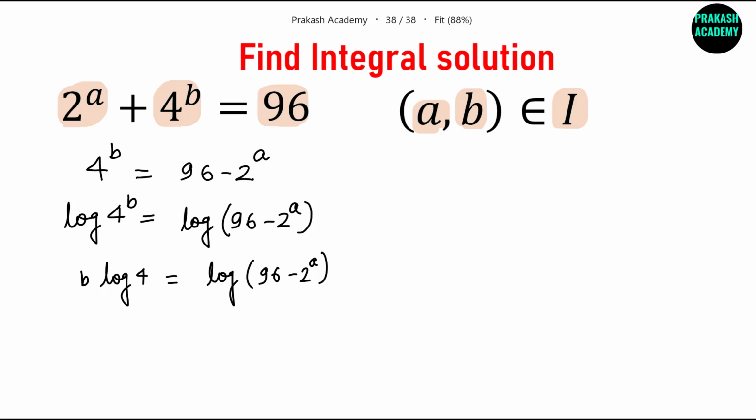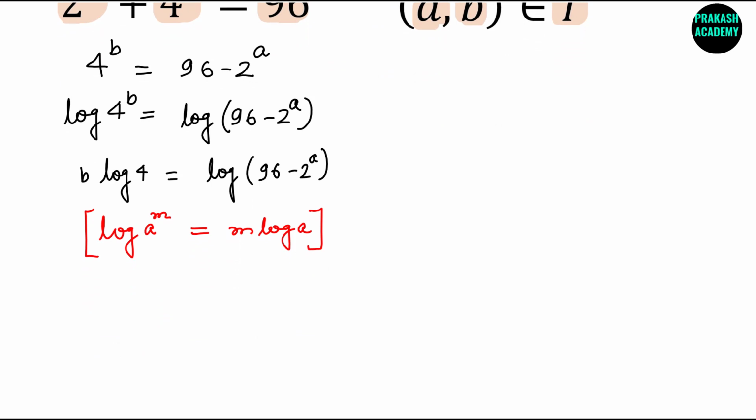Here I have used the result that log a raised to the power m is equal to m log a. Now I can solve for b. b will be log of 96 minus 2 raised to the power a divided by log of 4.